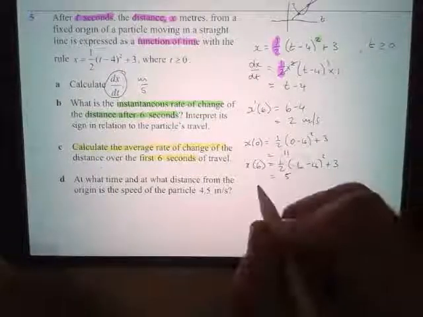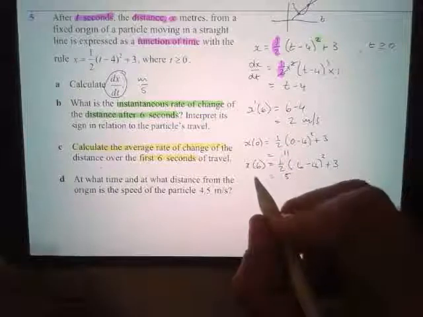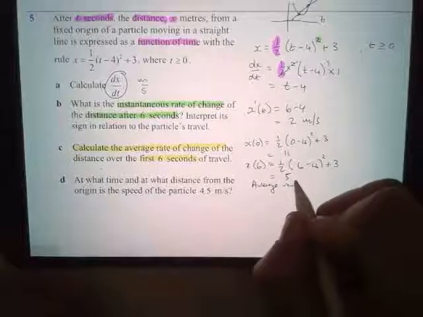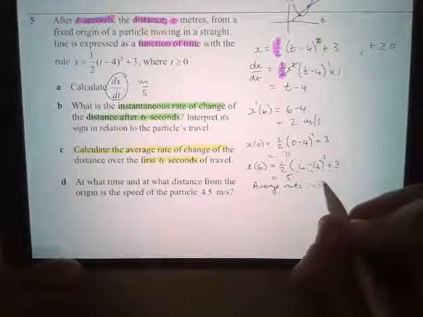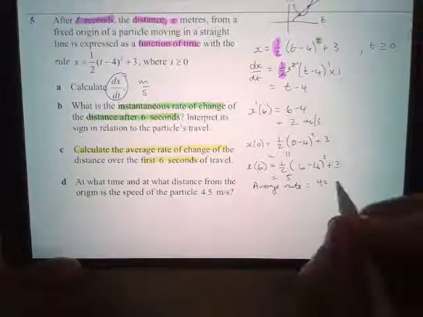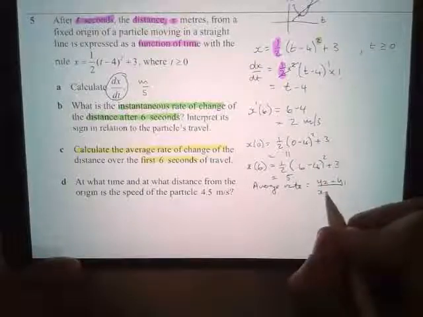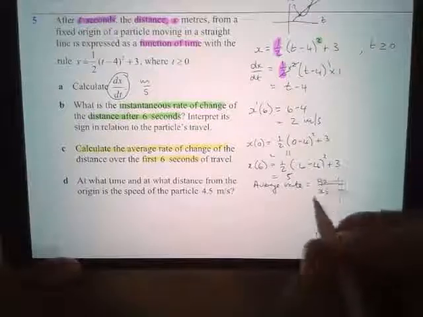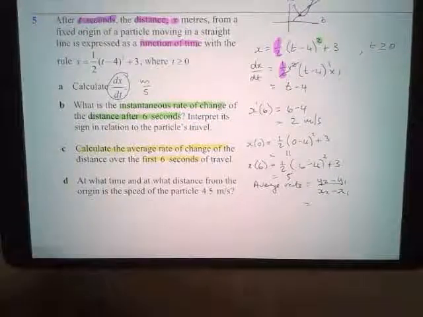So what's the average rate? The average rate equals y2 minus y1 over x2 minus x1. Remember, anyone is anyone.